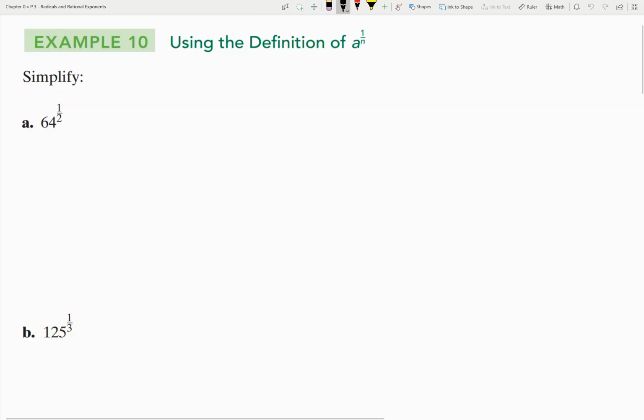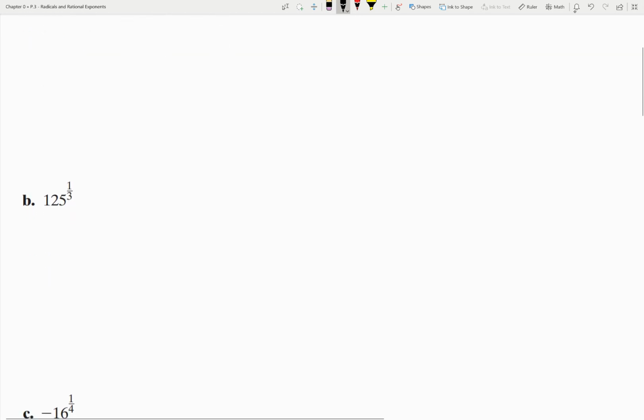So when I look at part A, it is saying the 1/2 power, so that's the index. So it's a 2. So it means square root, which means this is 8. The denominator of a fractional exponent is the index. So it's the cube root of 125, which is 5.